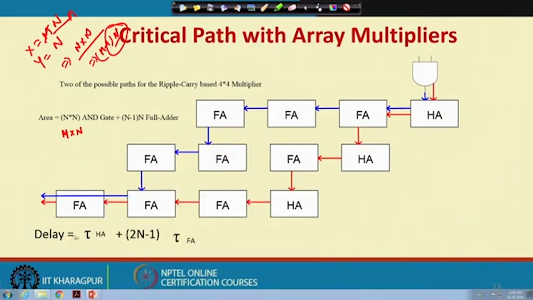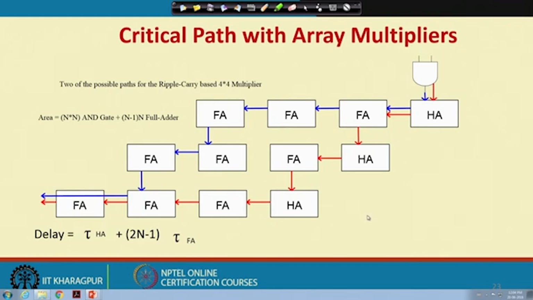And the delay is 1 half adder plus 2n minus 1 full adder delays, which is the total delay requirement for this particular case. As this is n cross n, that is why it is 2n minus 1, otherwise it will be m plus n minus 1.